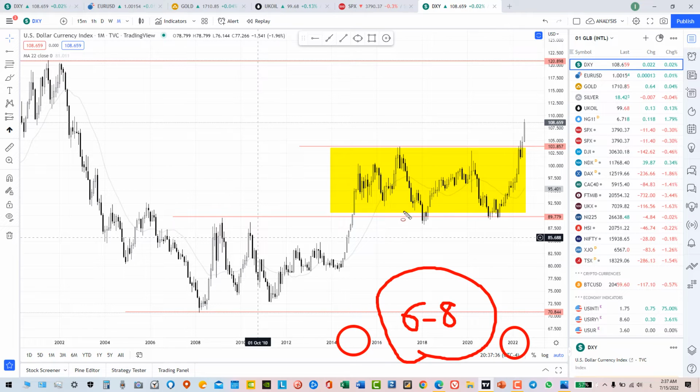In this trading range, the support was at 90 points, the resistance was at 103, which means that approximately these are around 14 points.